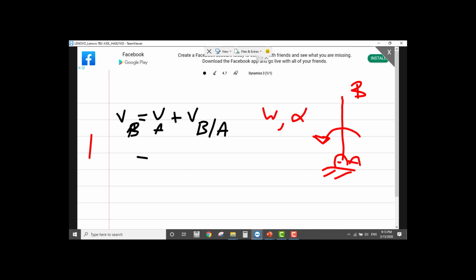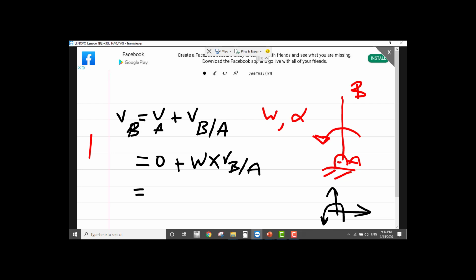VA is 0, plus, instead of the relative velocity, we'll write omega cross product RB with respect to A, and this is equal to omega, well known, which is 3. First of all, I forgot to write the positive directions of rotation.